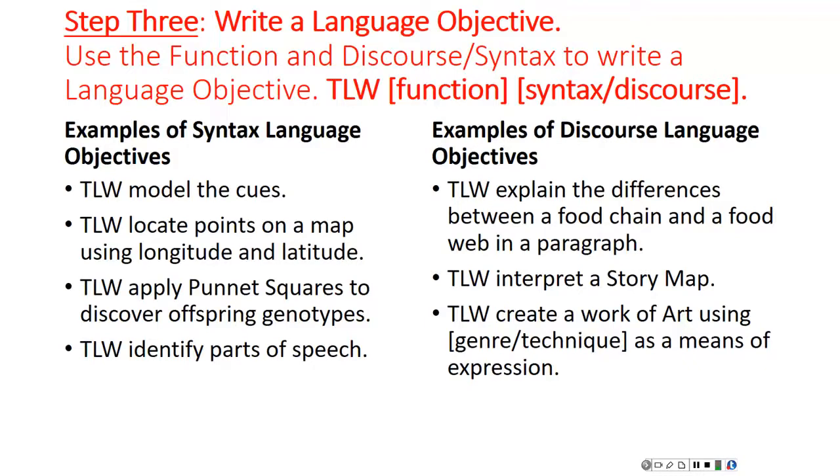The learner will identify parts of speech. The learner will explain the differences between a food chain and a food web in a paragraph. The learner will interpret a story map. The learner will create a work of art. So it's just a very simple sentence structure. The learner will function, syntax, or discourse. Write your language objective.